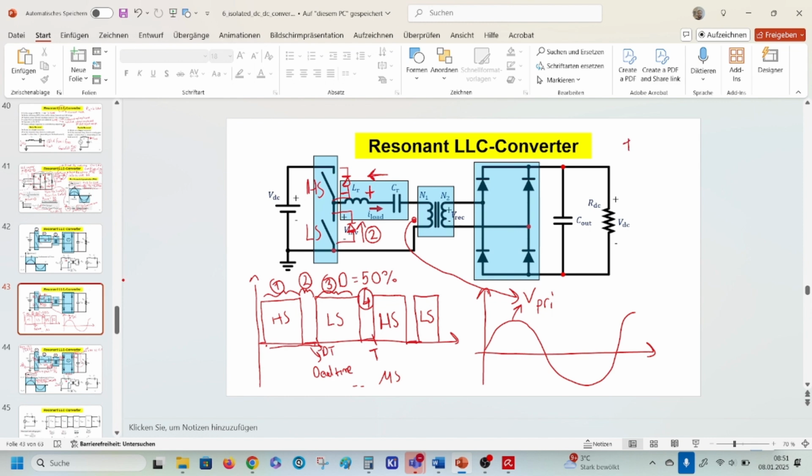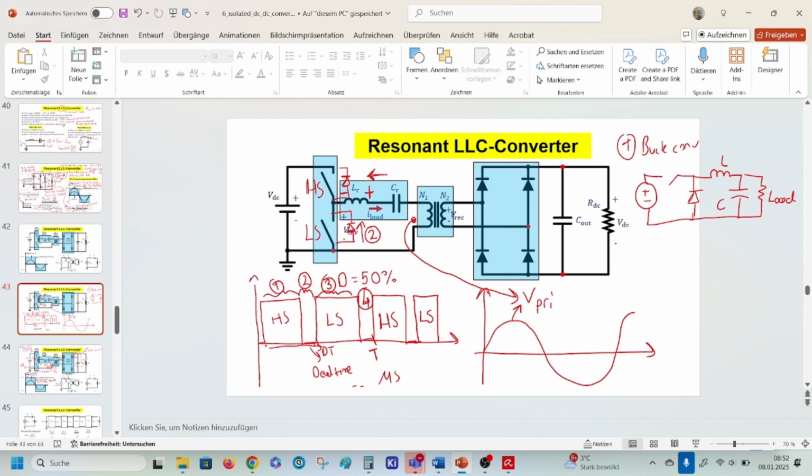Let's draw here a buck converter. Buck converter has a switch at the output, and output filter and a load. And the LLC converter is actually the same.